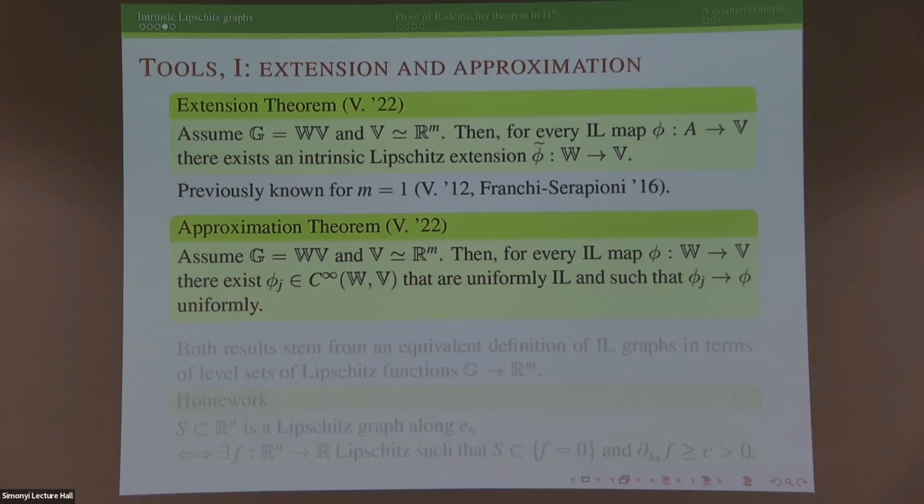Okay, but they have to carefully define the Lipschitz constant. I mean, not all homogeneous distances will work, and you have to take some care. But certainly, yes, there is a control on the Lipschitz constant of the extension. So you might be forced to pick a larger cone, but you can control how much larger it is.